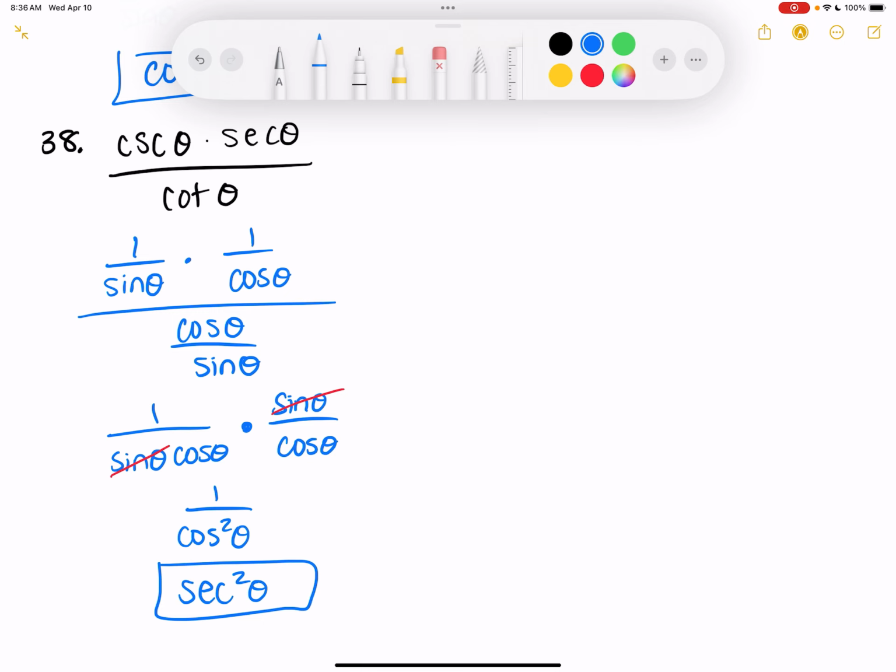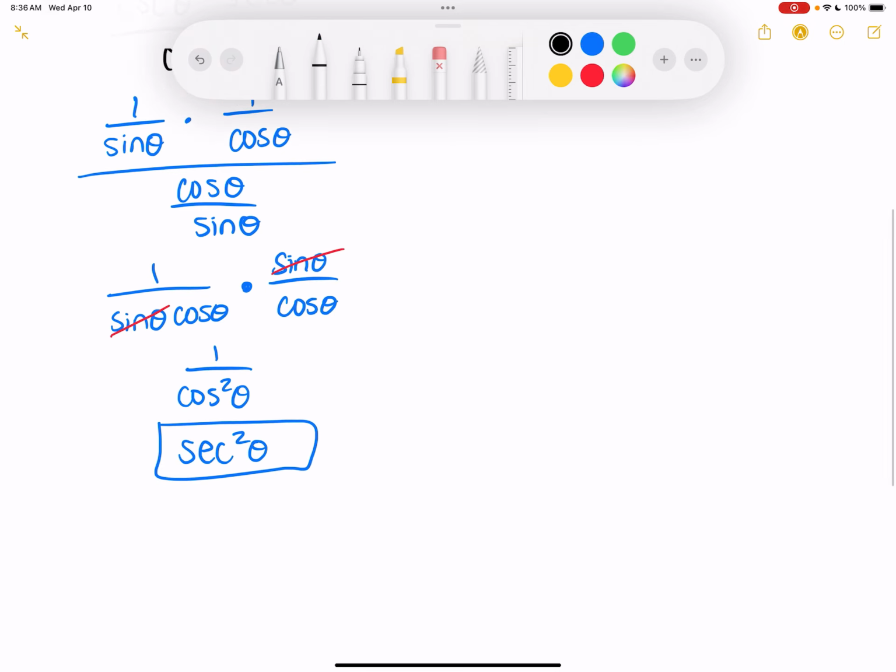This one's an interesting one. 44. 1 minus 1 over secant squared of x. All right, so how could I rewrite 1 over secant squared?